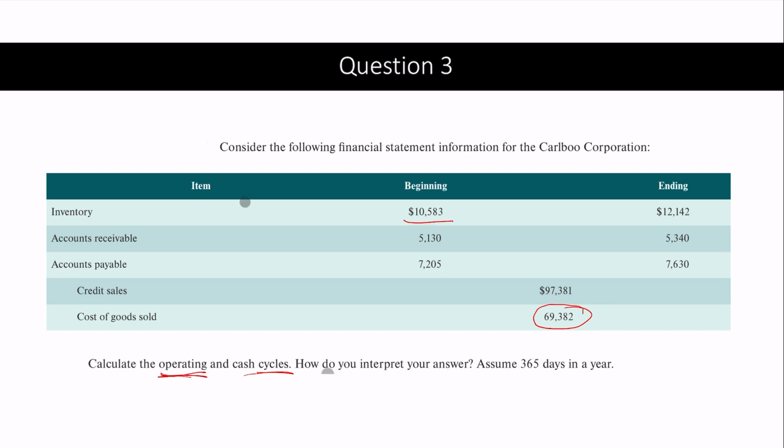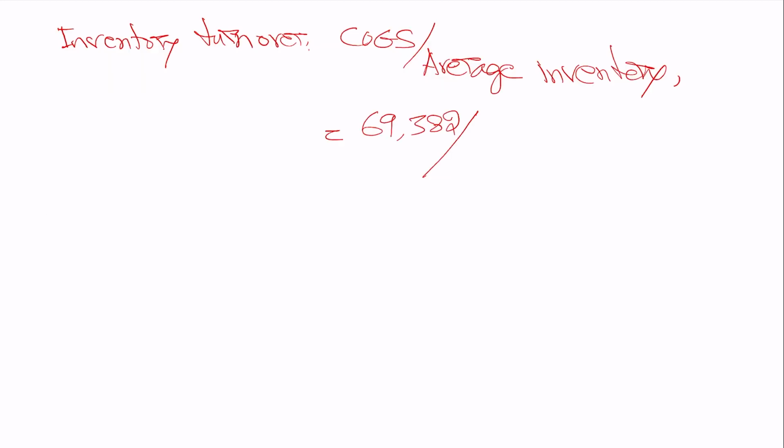So we see inventory beginning is this, ending is this. So we take a sum of the two, 10,583 plus 12,142, divided by 2. So this is going to be the whole denominator, and we see here the turnover is 6.1062.